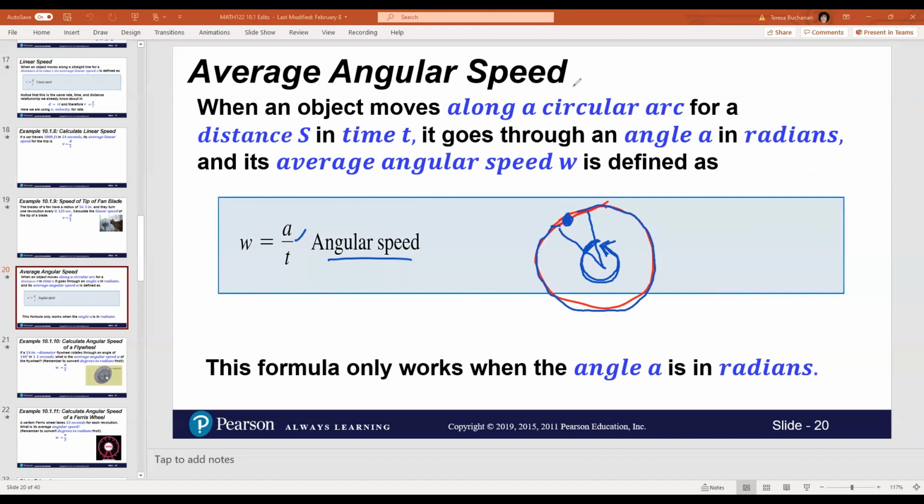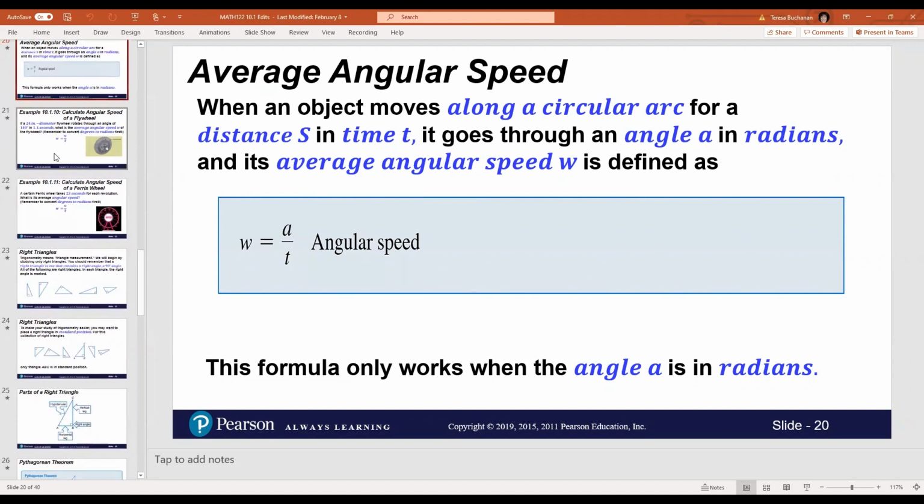But it should make sense to you that if we say that A is the angle in radians, that the angle in radians compared to time should give us the angular speed. How fast is the angle changing? So we take the angle compared to time, and we could answer that question. And so let's do some of that.